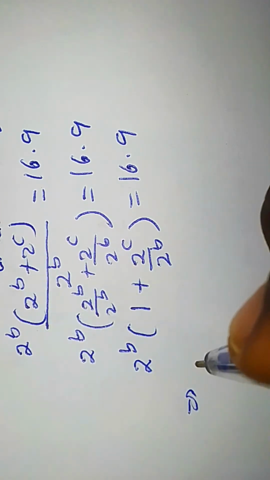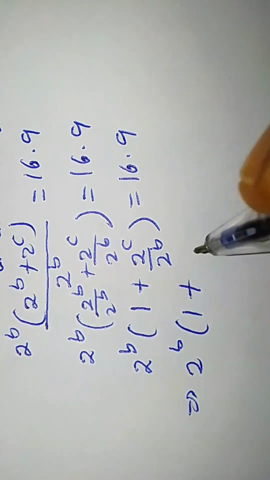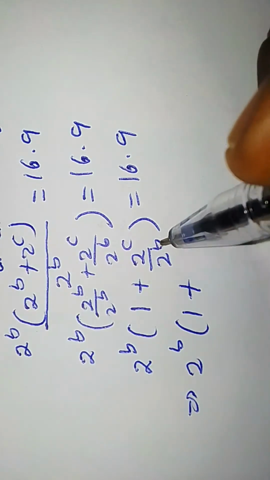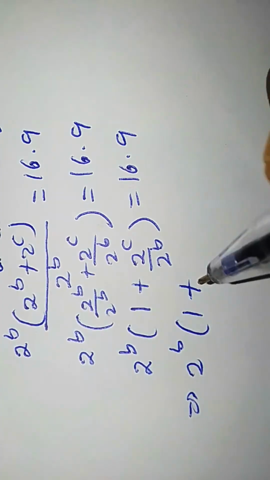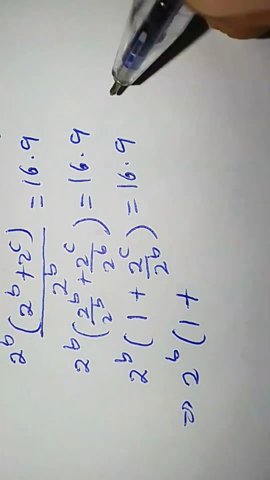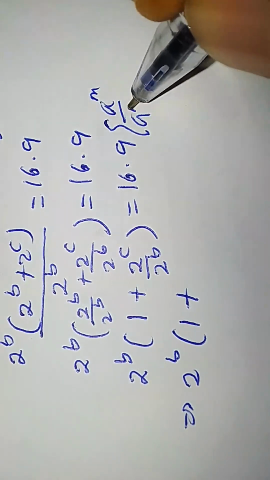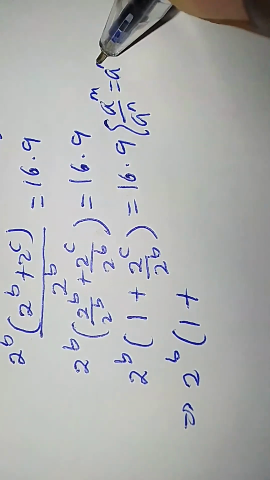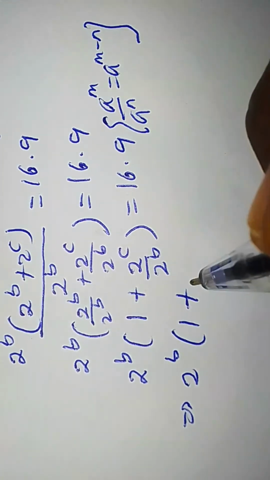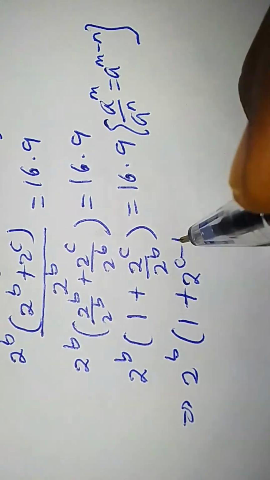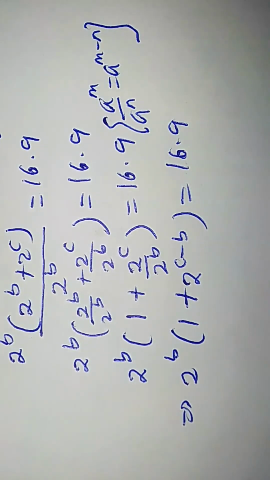This means that 2 raised to b into 1 plus, suppose we want this b to come up, using this property: a raised to m divided by a raised to n is equal to a raised to m minus n. So using this property on this, we have 2 raised to c minus b equal to 16 times 9.